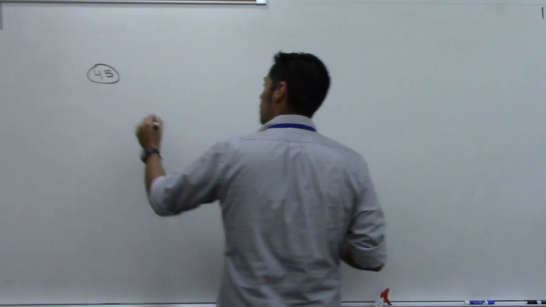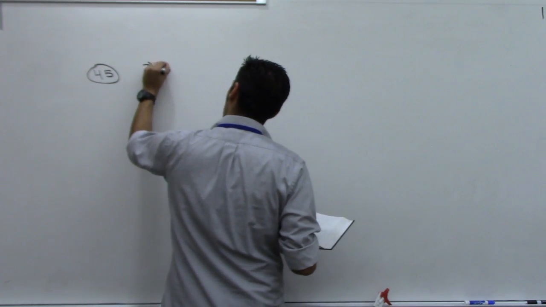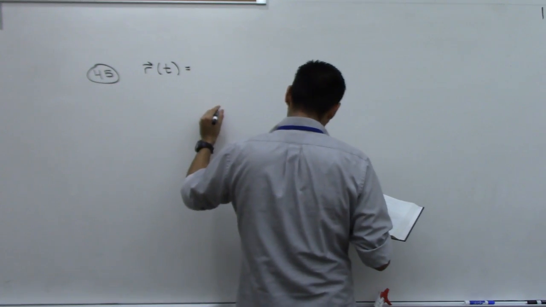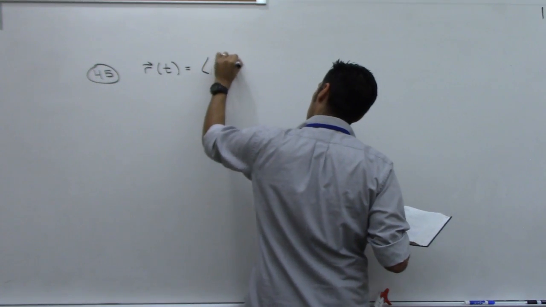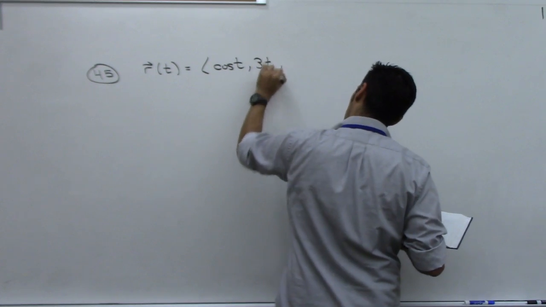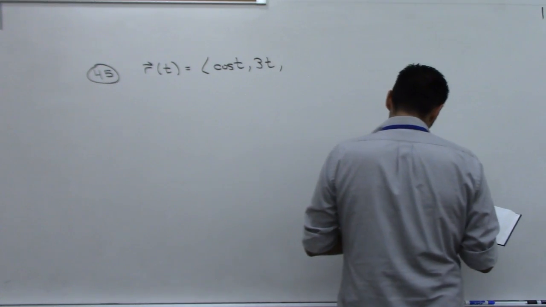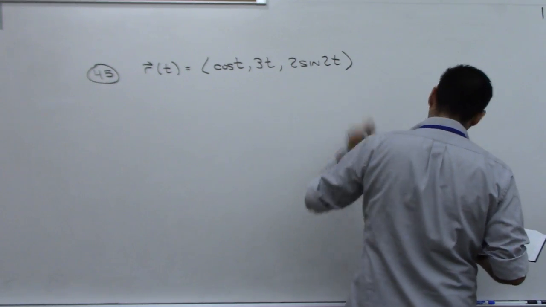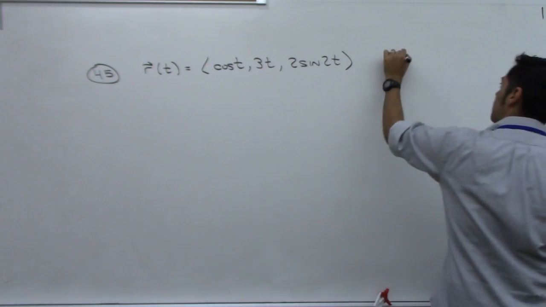So they give you R of t equals cosine t, 3t, 2 sine 2t. And at the value t equals 0.